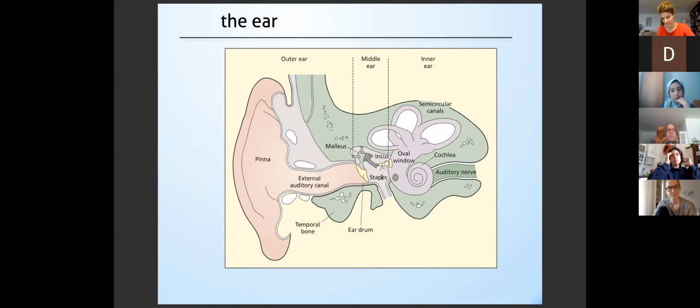And they are just gears. They're basically gears that have a very important function, which is to amplify the variation in the air and to transmit it to a different medium, which is water, okay? Where is the water? The water is in your inner ear.